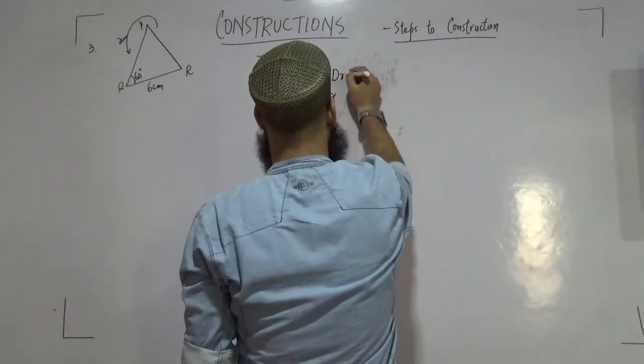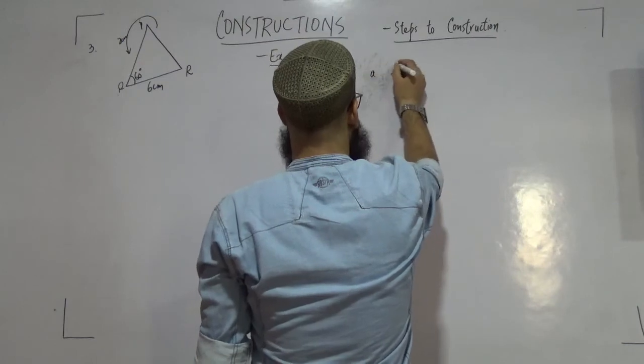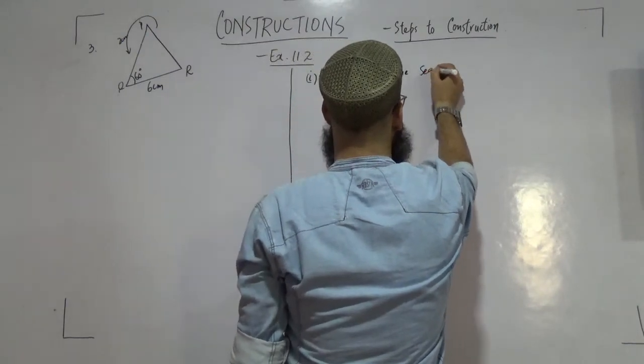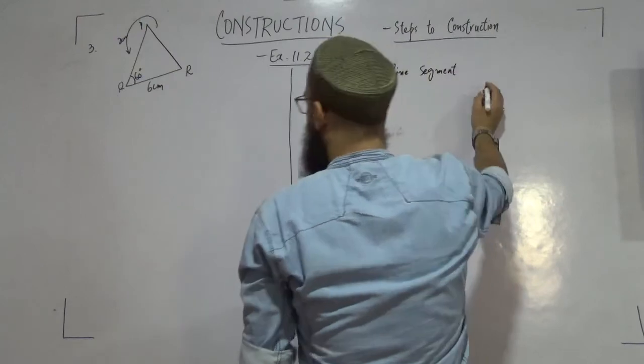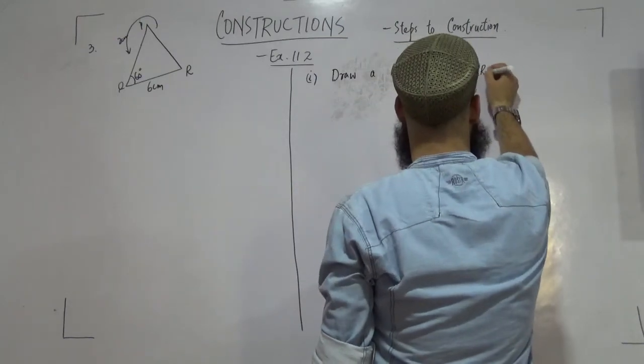Draw a line segment QR of length 6 centimeter.